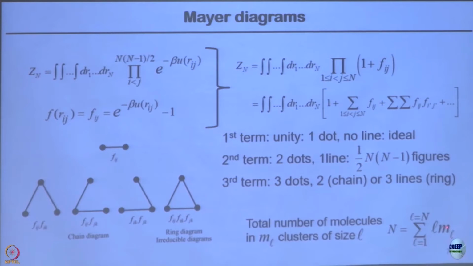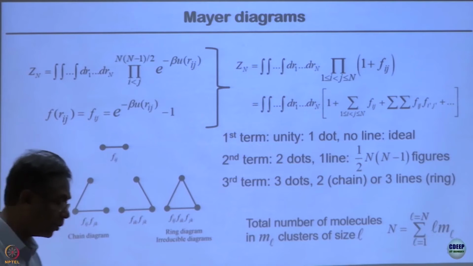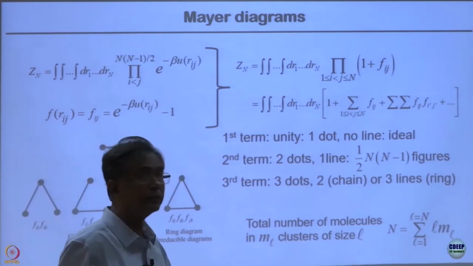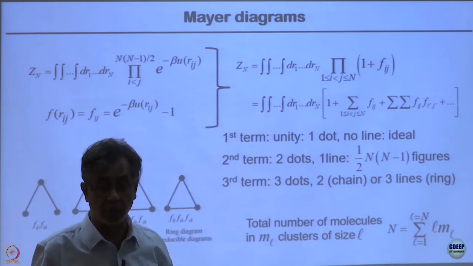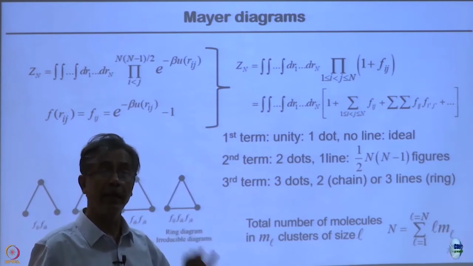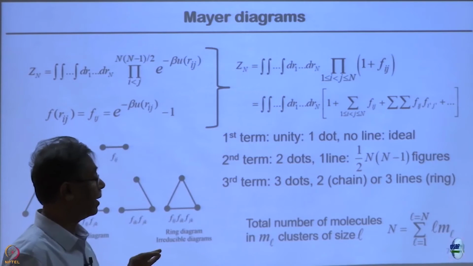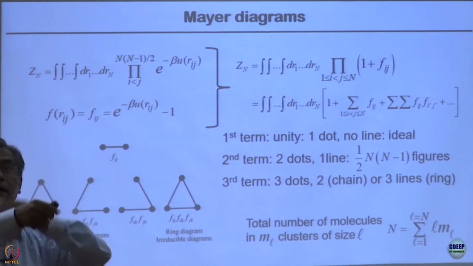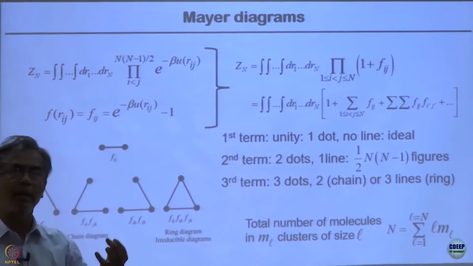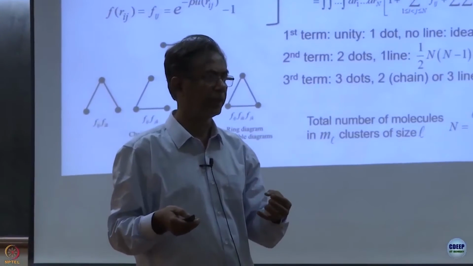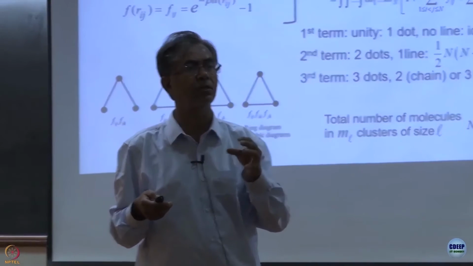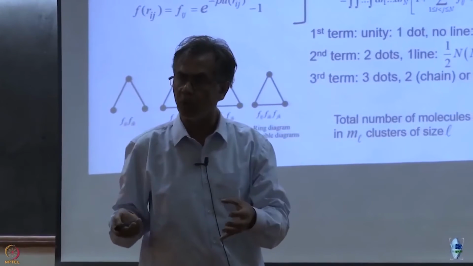So now, instantaneously at a given position, like in this room, I have oxygen and nitrogen, and say I have n number of them, and let us consider only nitrogen. So I have n number of nitrogen, and at any time they are mostly dispersed in the room, but then they come together and they form clusters. There are clusters of diatoms, there are clusters of triatomic, there are maybe a little bit more of that.